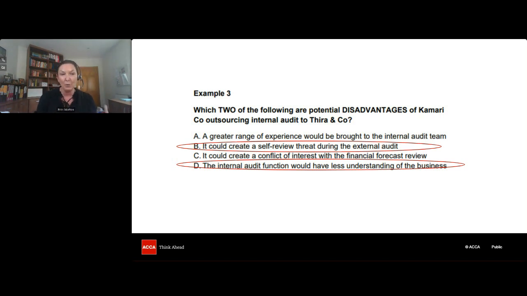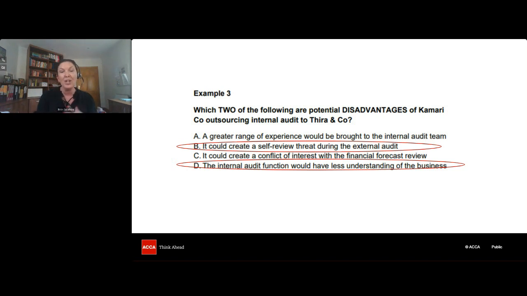The internal audit function would have less understanding of the business, which is also true, because they may come in for ad hoc projects, for example, like the one they suggested in this scenario, where they wanted you to look at the sales and processing system relating to the financial reporting system. So that's like a mini project. So it might be they're working on other clients and looking at different businesses, and they're coming into yours just for a short period of time.